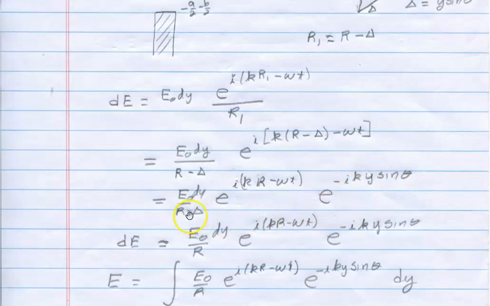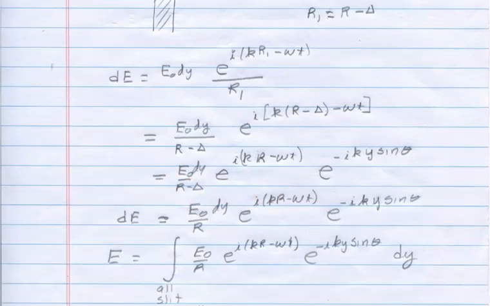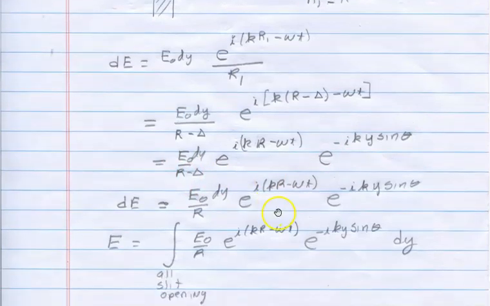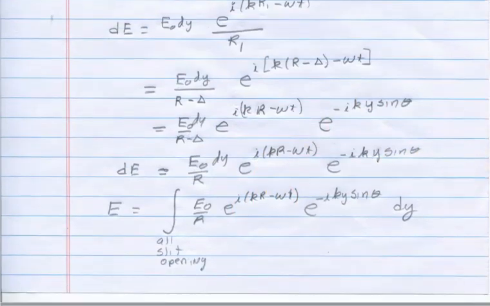And then again, ignore delta compared to this much, much larger distance. So again, out to 7 or 8 decimal points. So we've got really an approximation in the Fraunhofer regime for the electric field at the detector.